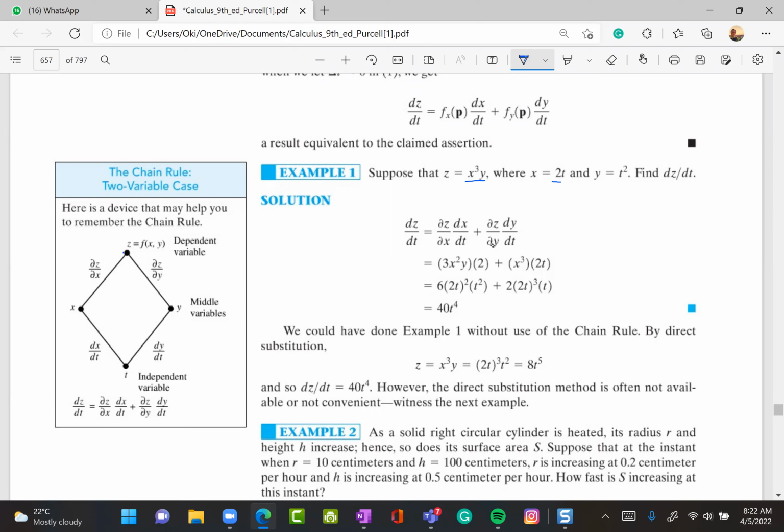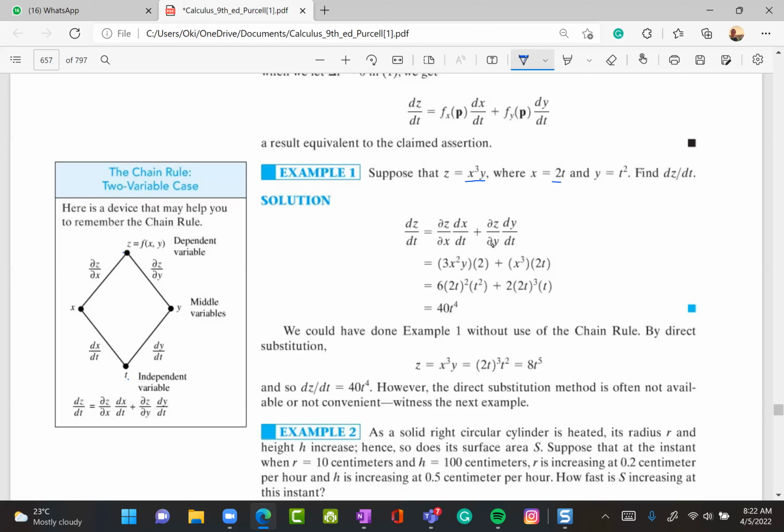Looking at this schematic diagram, from z to t there are two ways: dz over dx times dx over dt, plus dz over dy times dy over dt. We compute each one. dz over dx is 3x squared y, dx over dt is just 2. dz over dy is just x cubed, and dy over dt is 2t.